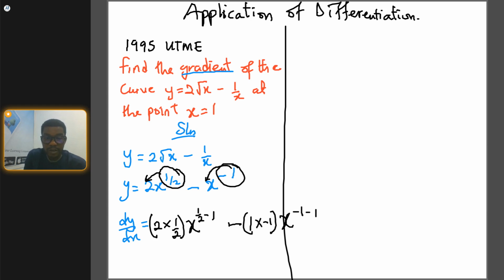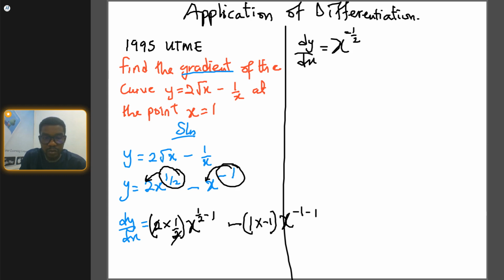So we'll proceed with dy/dx, which is equal to, if 2 cancels out 2, we are left with 1. Okay? And 1 multiply x, we have x raised to power, take away 1 from half, of course, we are going to have negative 1 over 2.